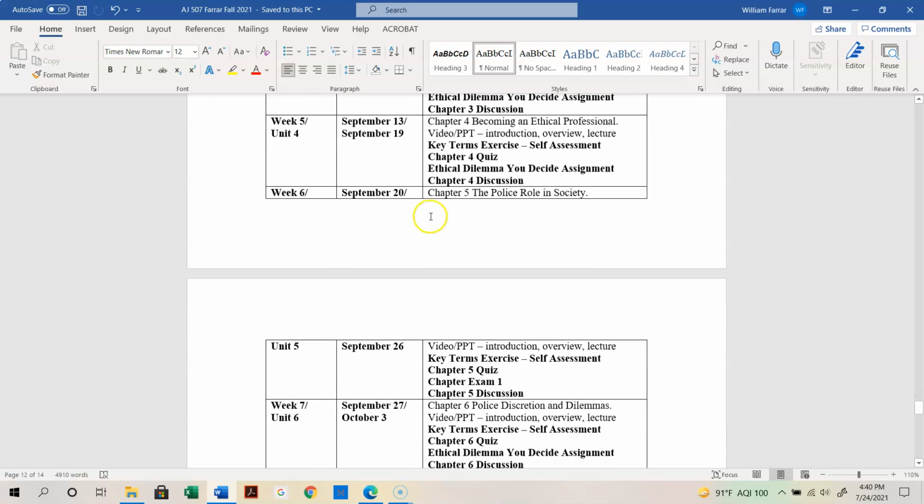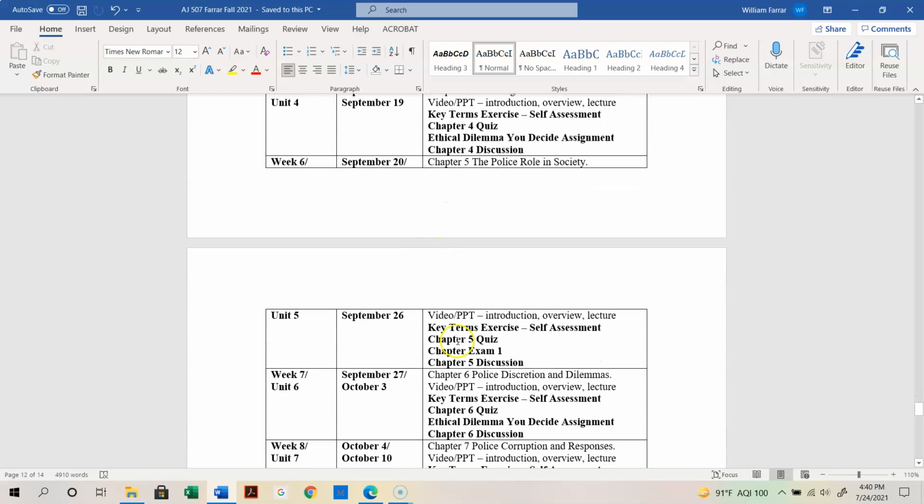Now, when you get to week 6, notice you have your first chapter exam. Okay? And this is going to cover the prior chapters, so chapters 1 through 5. All right? And you notice that there's no ethical dilemma because I took that out to kind of lessen the load as far as that goes. So you have your discussion, your exam, your quiz.